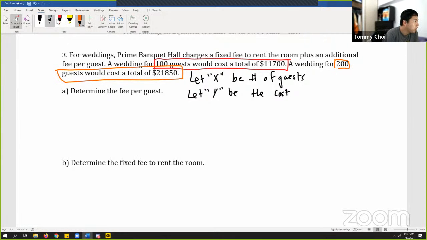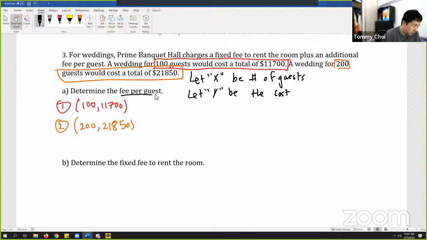Okay? So from the first part, we can get the point 100, 11700. For 100 guests, it costs $11,700. So we get the first point. For the second point, it costs 200 for 21,850. The question is asking for fee per guest.